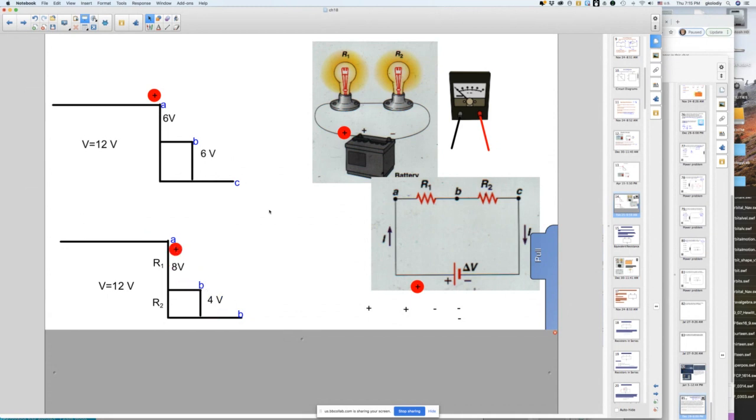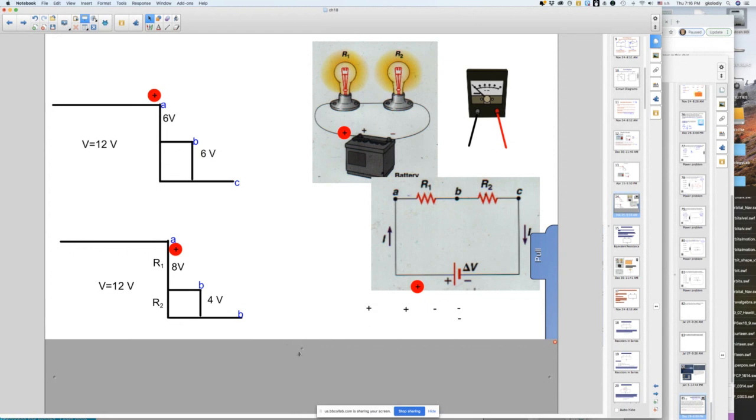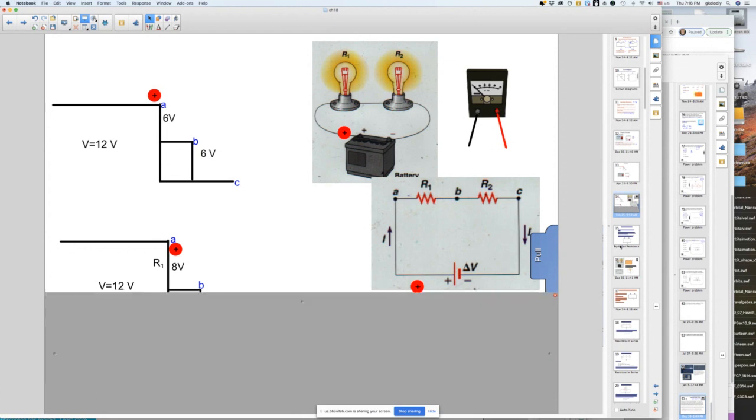If you put the voltmeter across, you will find delta V is 8 here, 4 here, and 12 here. These potential drops have to add up to the voltage of the battery, 12, and they do, as you can see here.